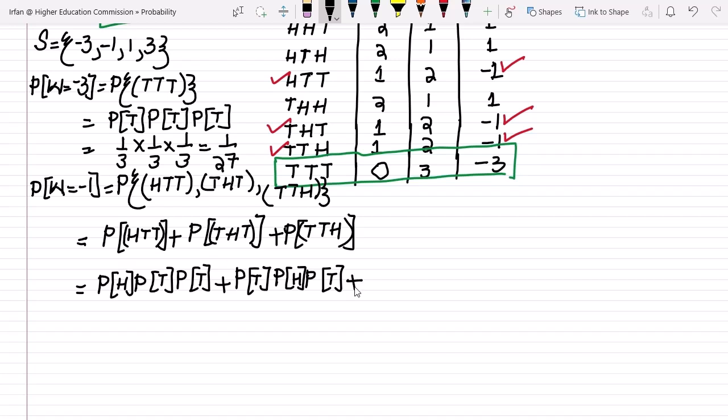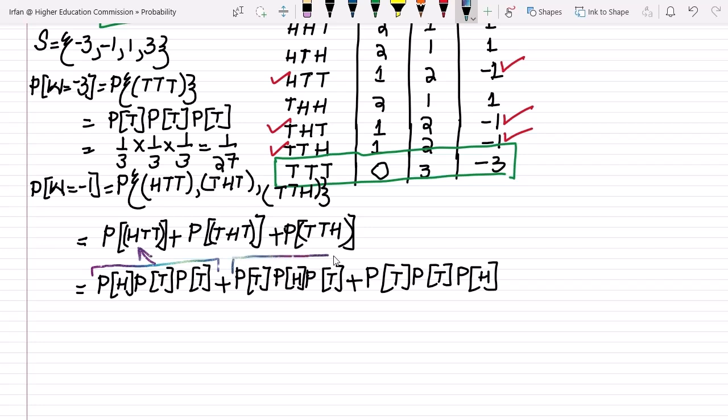Or the probability of tail, probability of tail, and probability of heads. We have these events, and I can identify them here as well: this one is for this one, this one is for this one, and this one is for this one.